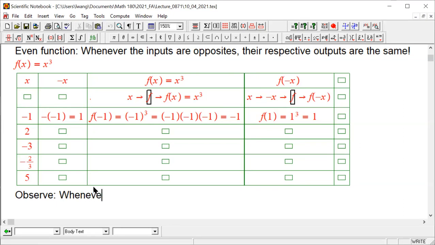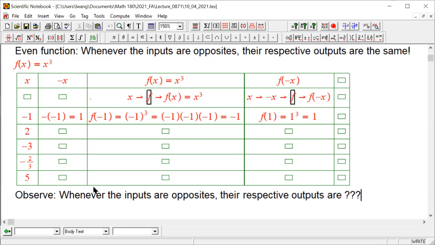I'm going to give you a hint: whenever the inputs are opposite, their respective outputs are... and you're going to put the words there.